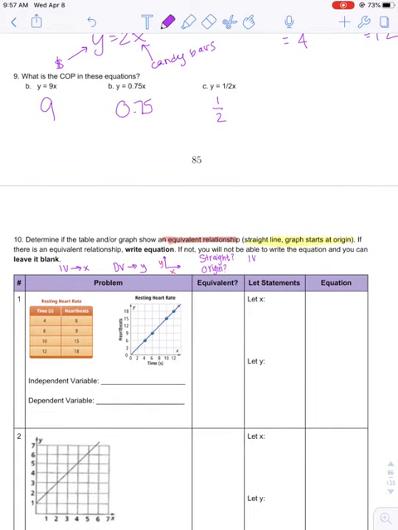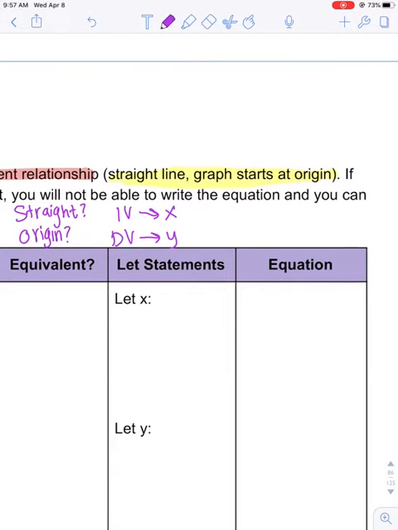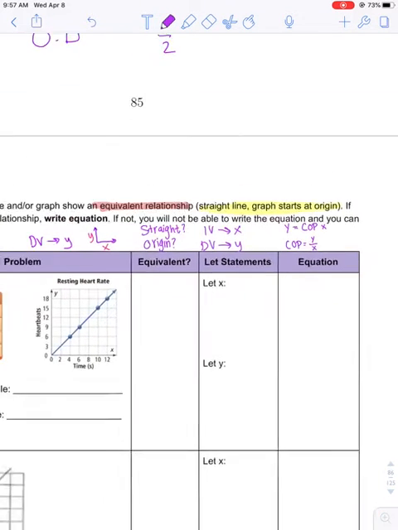So remember, again, independent variable is x, dependent variable is y. For the equation, we're going to use y equals COP x. And if you want to remember how to find COP, that's when you do y divided by x. So we're going to practice that together.